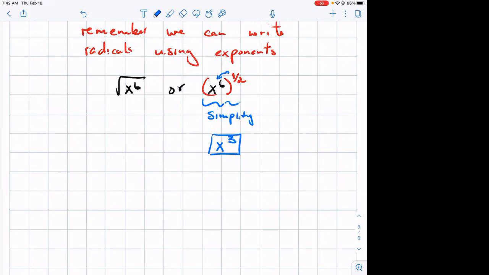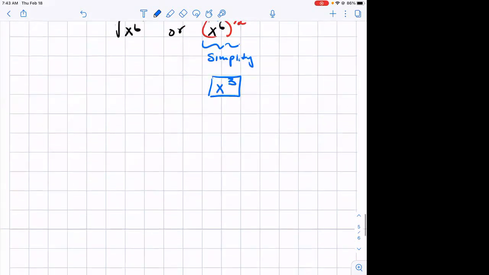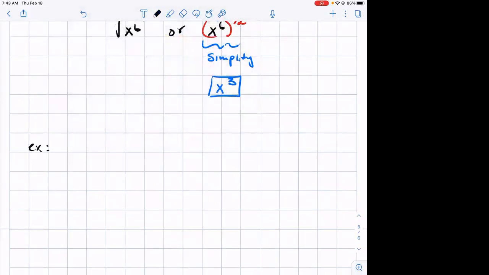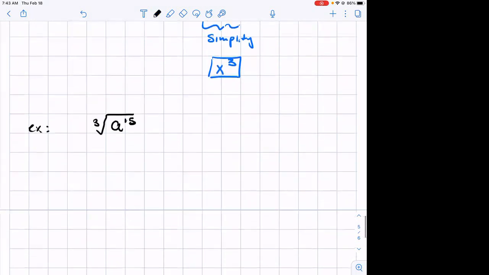So basically what you're doing is dividing the radicand exponent by the index. If we try this for a cube root, another example, what is the cube root of a to the 15th? Well, we can write this as a to the 15th raised to the power of 1/3.